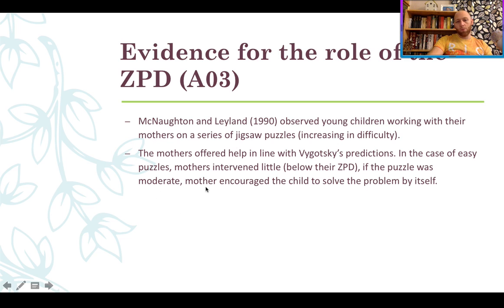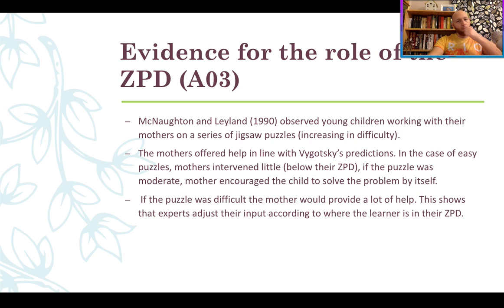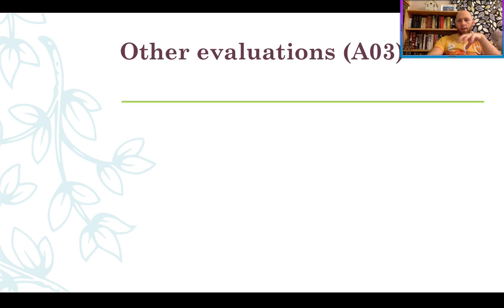If the puzzles were moderate, mothers encouraged the child to solve the problems by themselves. If the puzzle was difficult, the mother would provide lots of help and strategies. This shows that experts adjust their input, and it's probably a feedback loop. Parents will make a judgment based on when they see their kids struggling. They'll automatically go and help more and then pull back as the child masters it.